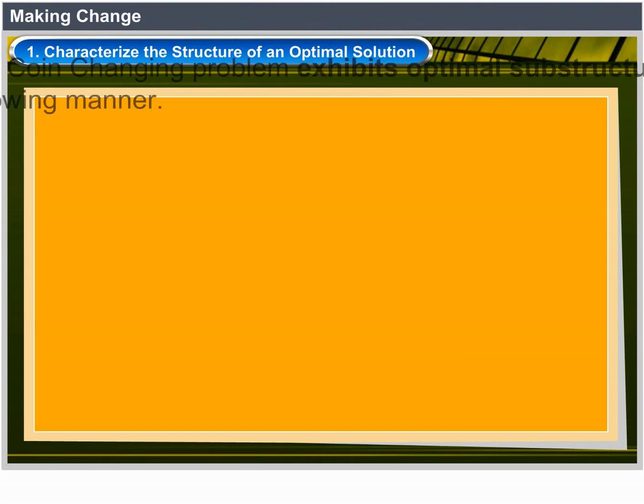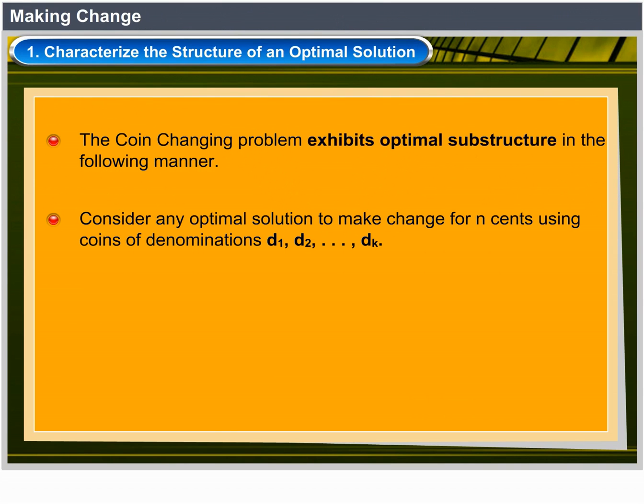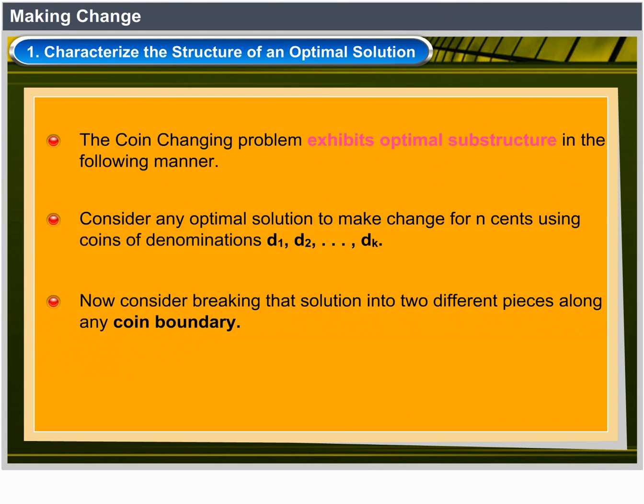The coin changing problem exhibits optimal substructure in the following manner. Consider any optimal solution to make change for n cents using coins of denominations d1, d2 up to dk. Now consider breaking that solution into two different pieces along any coin boundary.